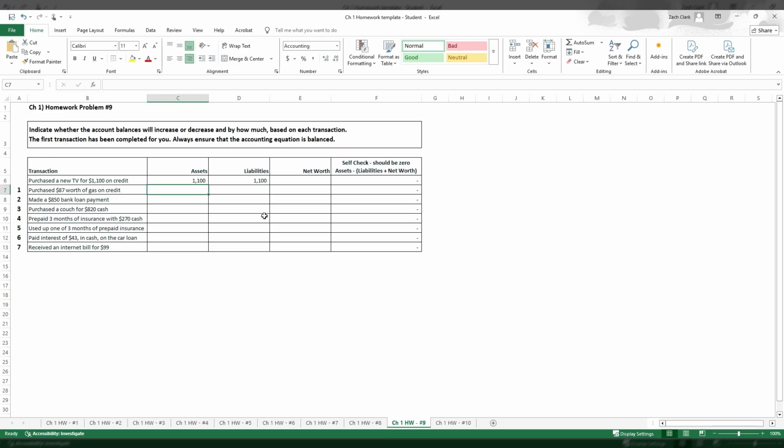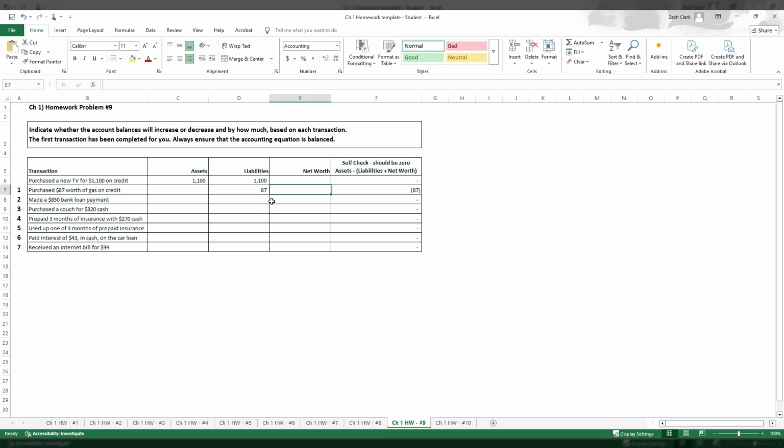Okay, so now on number 1 here, we purchased $87 worth of gas on credit. So it was on credit, so no cash had been paid yet. That's important. What it means is that our liabilities increased, and it is an expense of gas. It's not really technically something we're going to call an asset because it's going to be used up relatively quickly.